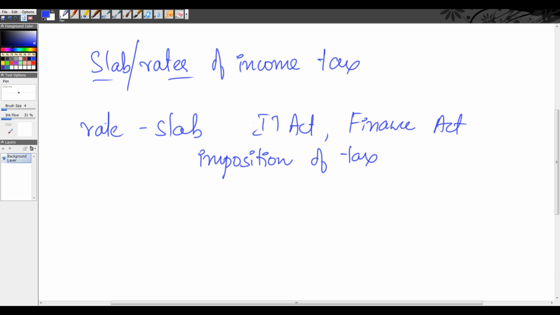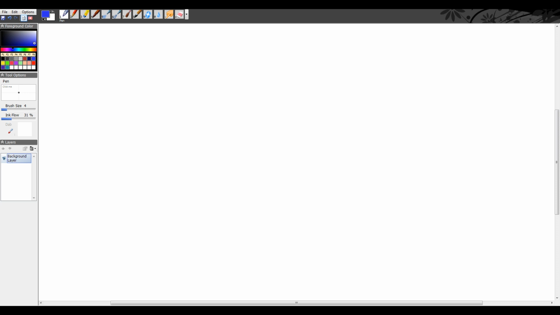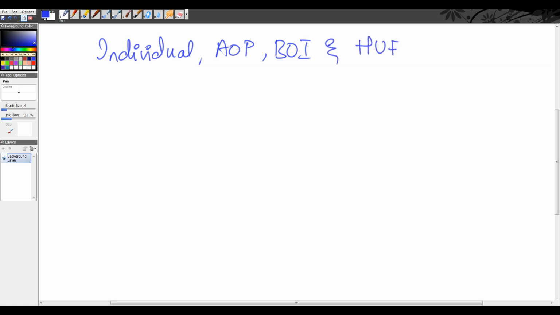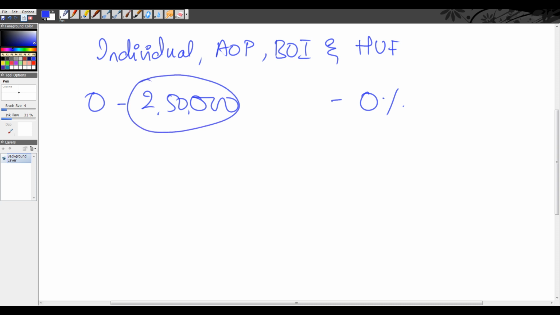Now, what is the present rate then? The present rate, again, hasn't changed from the previous year. The rate for individual and AOP, that is Association of Persons, BOI, Body of Individuals, and HUF, Hindu Undivided Family, stands like this: 0 to 2,50,000, the rate is 0%. That means if your income is up to 2,50,000, then you need not pay any tax.